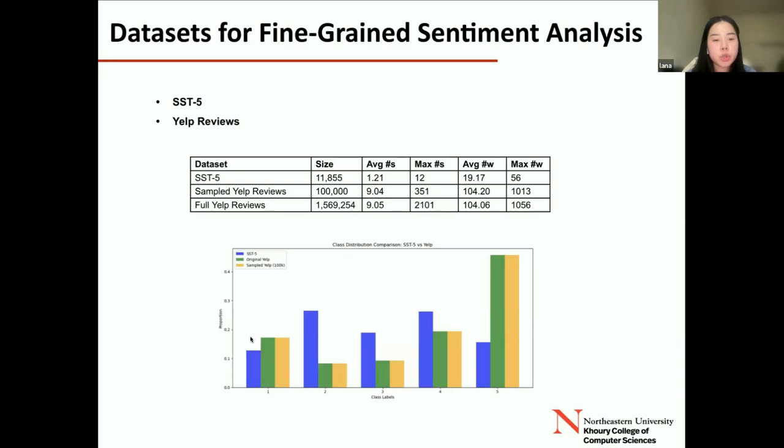But we make sure to maintain the distribution across the 5 classes, as you can see here in the graph. Also, based on the metrics, it still maintains most of the full dataset characteristics in terms of average sentences and average words per review.